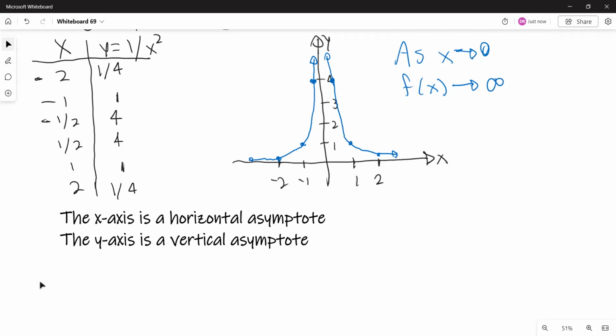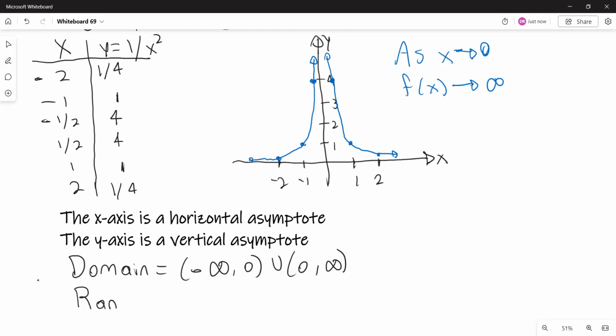The domain is all real numbers except 0. And the range: 1 over x squared can never be negative, and it cannot be 0.